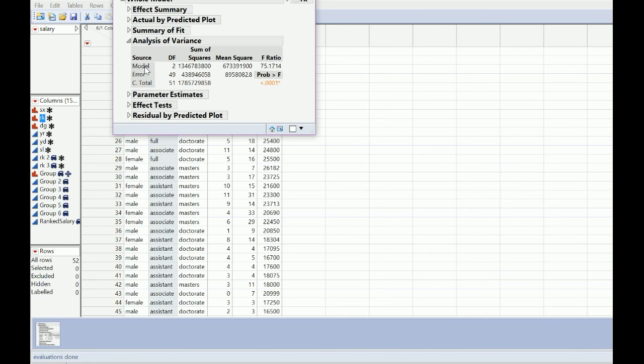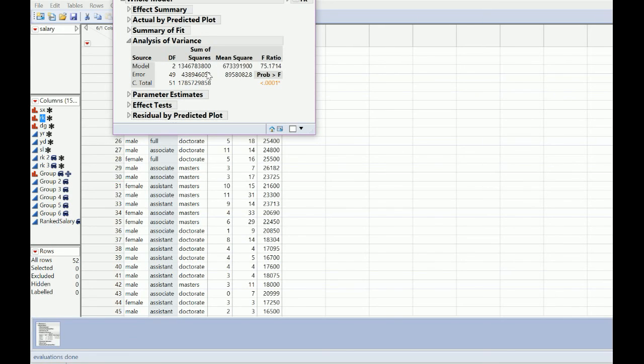So remember, between is often referred to as the model. We have within, which is often referred to as error, and we've got C. Total, which is the corrected total. So we've got those three sources of variability: our model or between groups, our within or error, and total. Our degrees of freedom line up, so JMP has calculated degrees of freedom the same way we did. It used G-1, N-G, and N-1. And then it calculated the sums of squares.